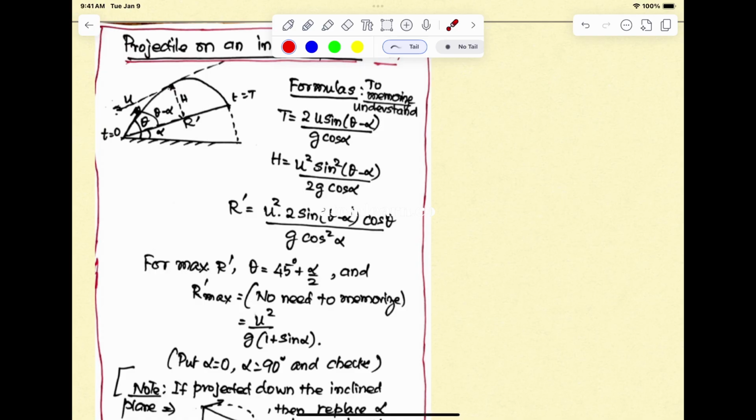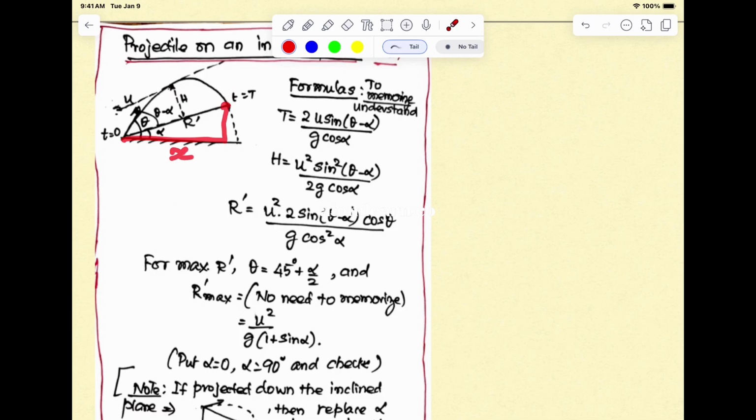Let us find out, along the horizontal direction, what is the x coordinate when it has hit the inclined plane. This is the horizontal direction. We are going back to horizontal and vertical like this. Then we know that this is the x coordinate when it hits the inclined plane.